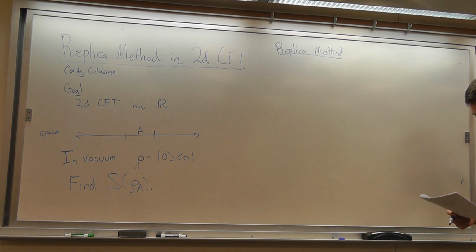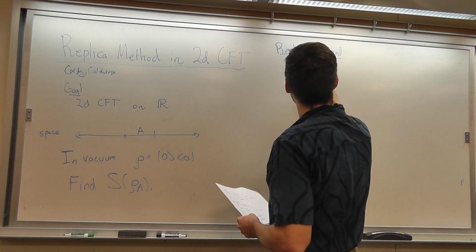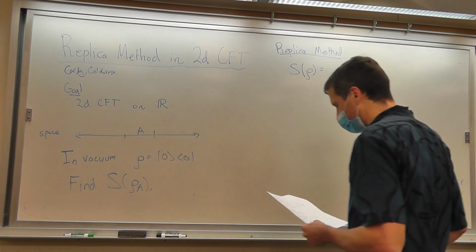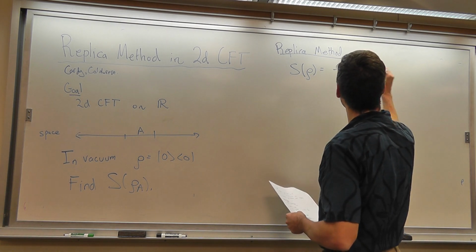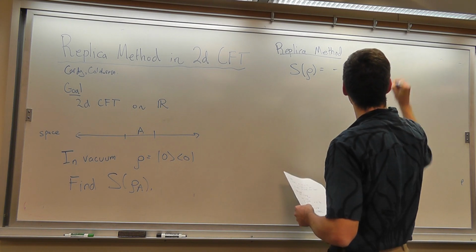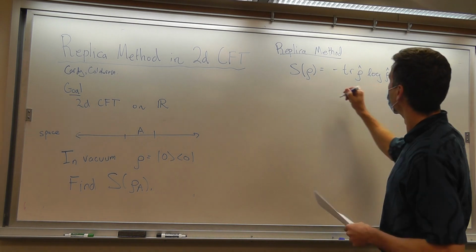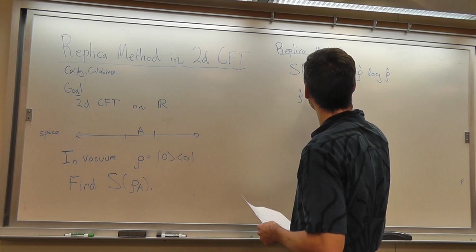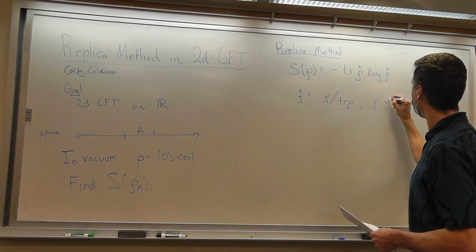So the von Neumann entropy of a density matrix is minus trace of rho log rho. I'm going to put hats on these rho to indicate that they're normalized, because I'm also going to talk about non-normalized ones. So rho hat is equal to rho over trace rho, where rho is unnormalized.